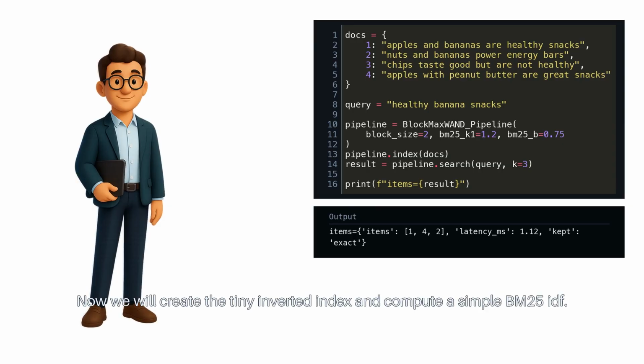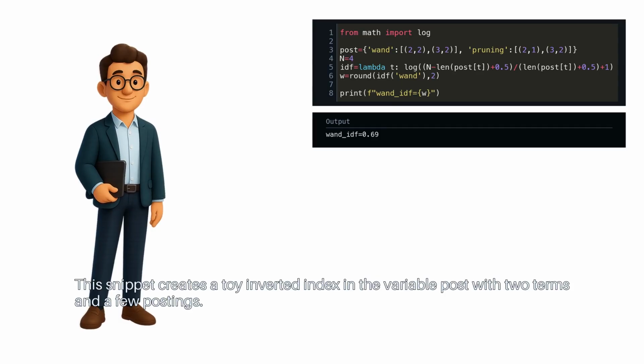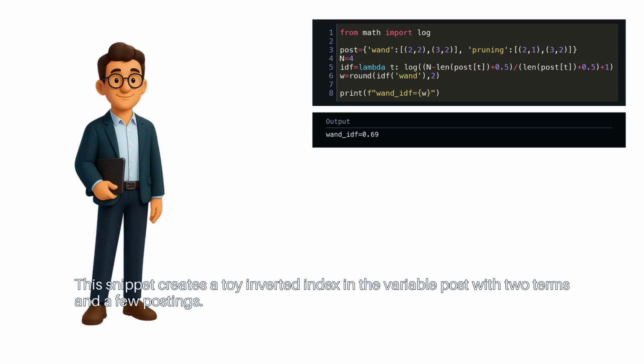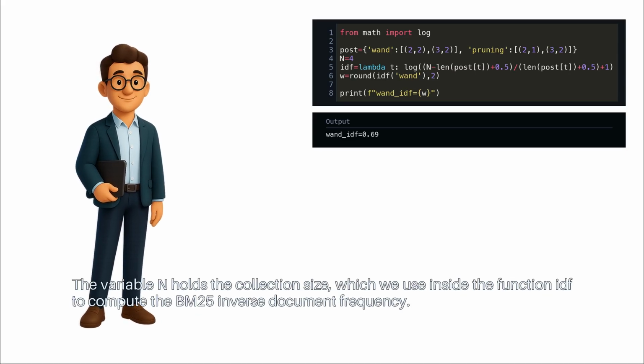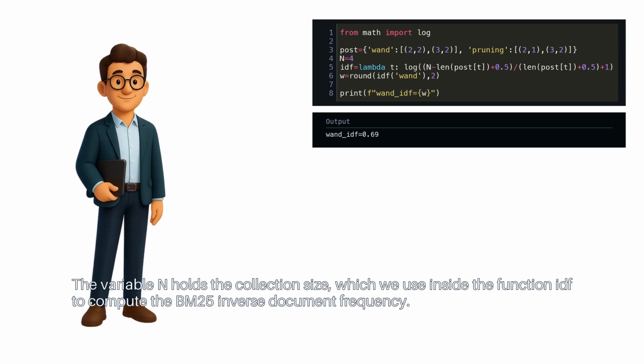Now, we will create the tiny inverted index and compute a simple BM25 IDF. This snippet creates a toy inverted index in the variable post with 2 terms and a few postings. The variable n holds the collection size, which we use inside the function IDF to compute the BM25 inverse document frequency.